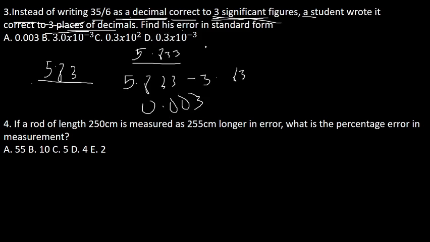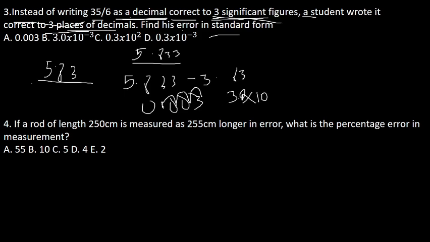This is your error in standard form. So what is your standard form? We move it 1, 2. You still have 0 point, then 3. You must have 1 number. Are you getting me now? So this is equal to 3.0 times 10 raised to power minus what?